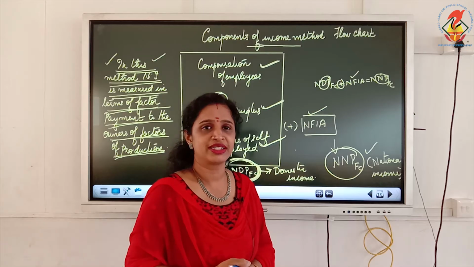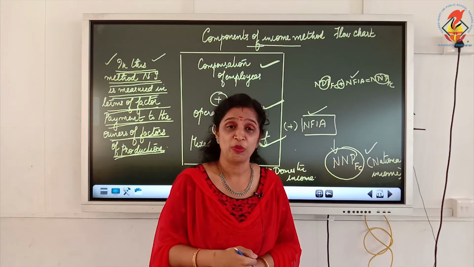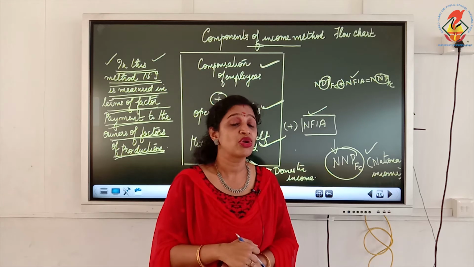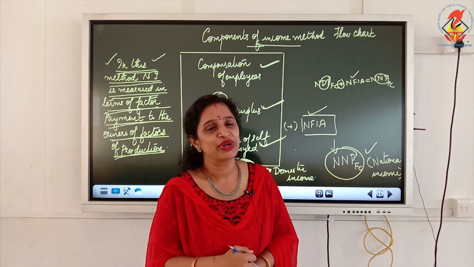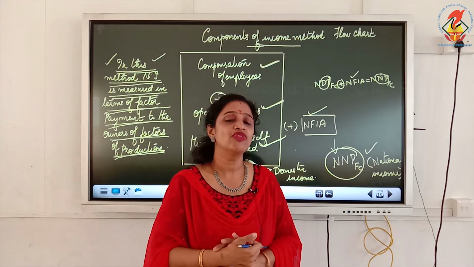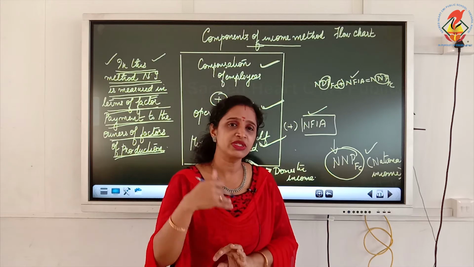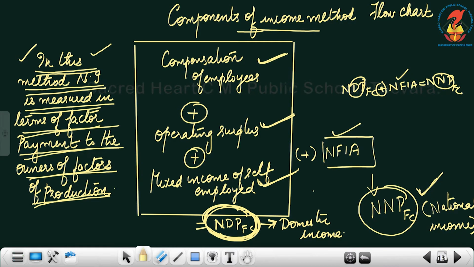As simple as that. But you need to know what all are there in compensation of employees, what all components are there in mixed income of self-employed, and what all components are there in operating surplus, because by adding these three you will be getting the domestic income. From the domestic income, by adding NFIA, you will be moving on to national income.